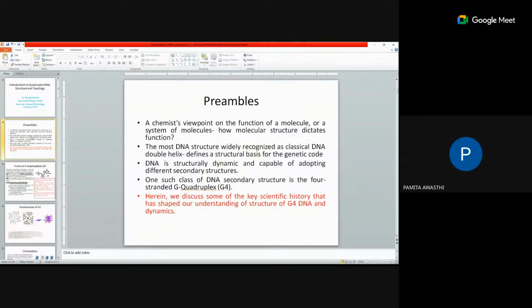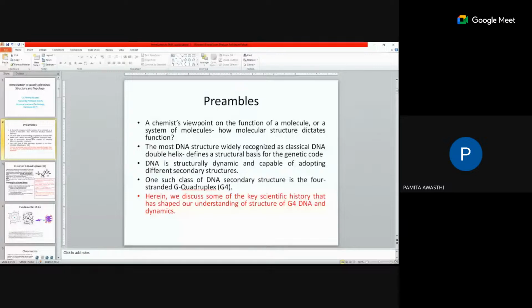Right. So, from a chemist's viewpoint on the function of a molecule or a system of molecules, the question is how molecular structure dictates function. From a chemist's point of view, the most widely recognized DNA structure is the classical DNA double helix, which defines a structural basis for the genetic code.